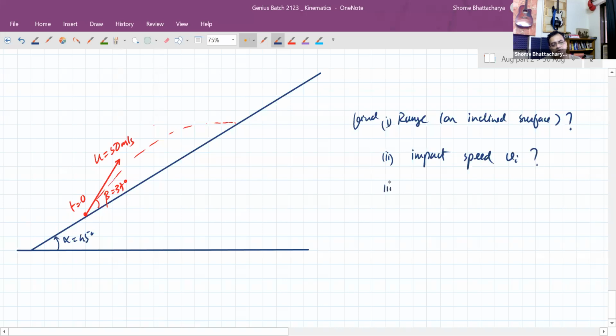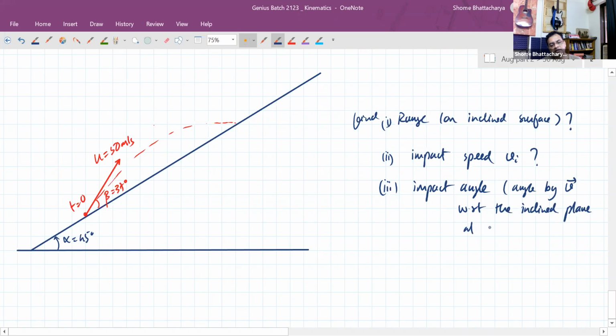And let's also calculate the impact angle, that is the angle of the velocity with respect to the surface at the time of impact.